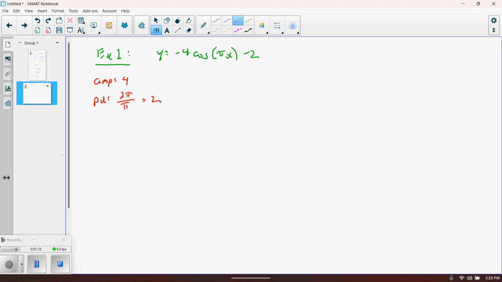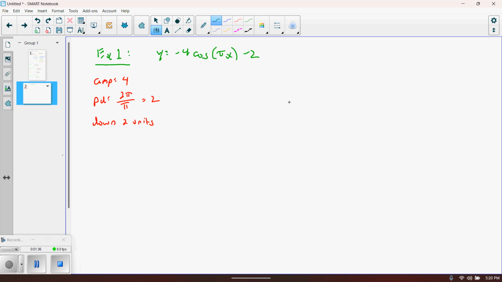Again, we know it's going to be a reflection over the x-axis, and the -2 on the outside will actually be a vertical shift. So this will shift down 2 units. And that will also affect where our maximum and our minimum and our midline is going to be.